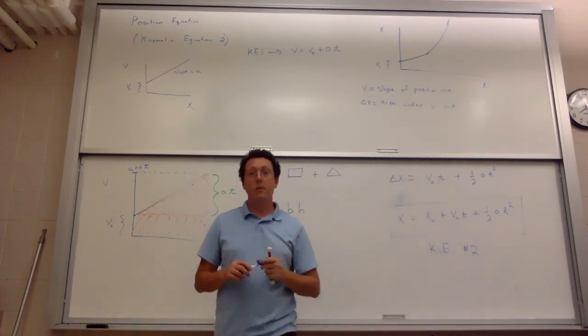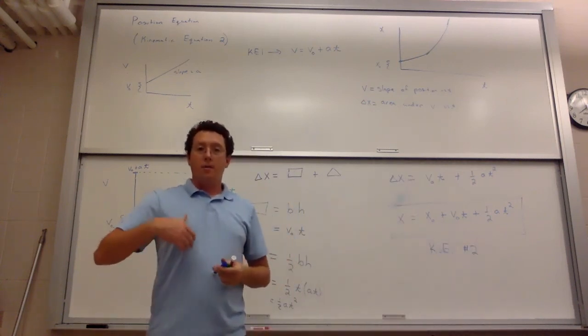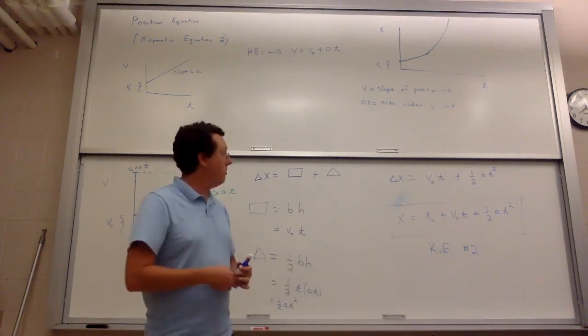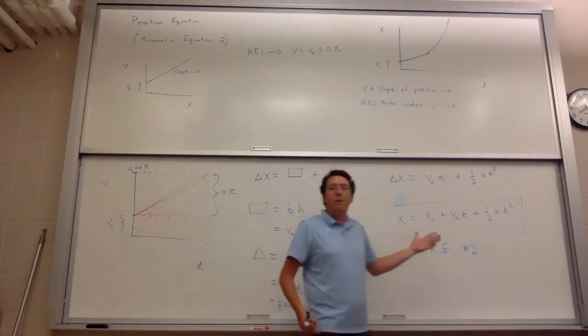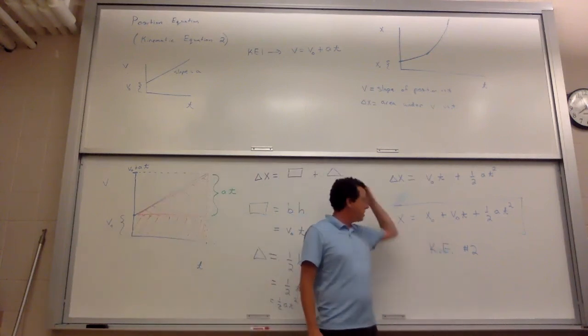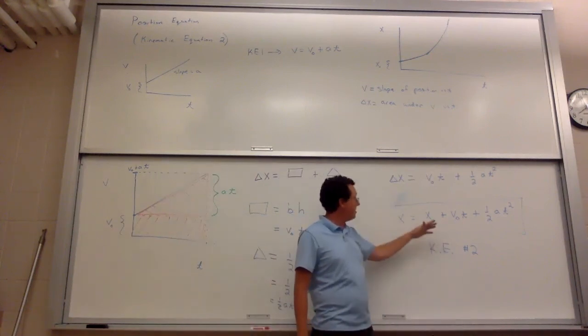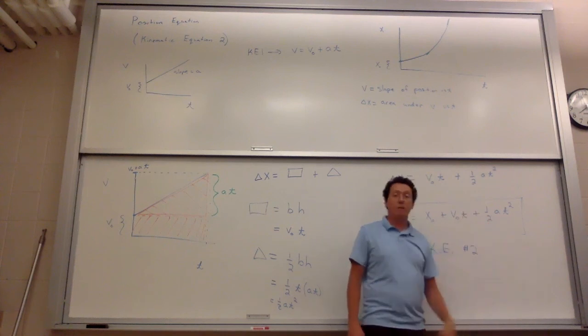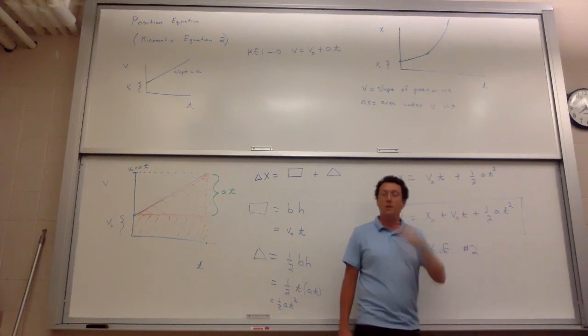This is an equation where if you know the acceleration and you know the time, you can find the position, or you can solve it. You can bring all the power of your algebra skills to bear on this. So it's a relationship between position and the initial position, the initial velocity, time, and acceleration, assuming acceleration is constant.